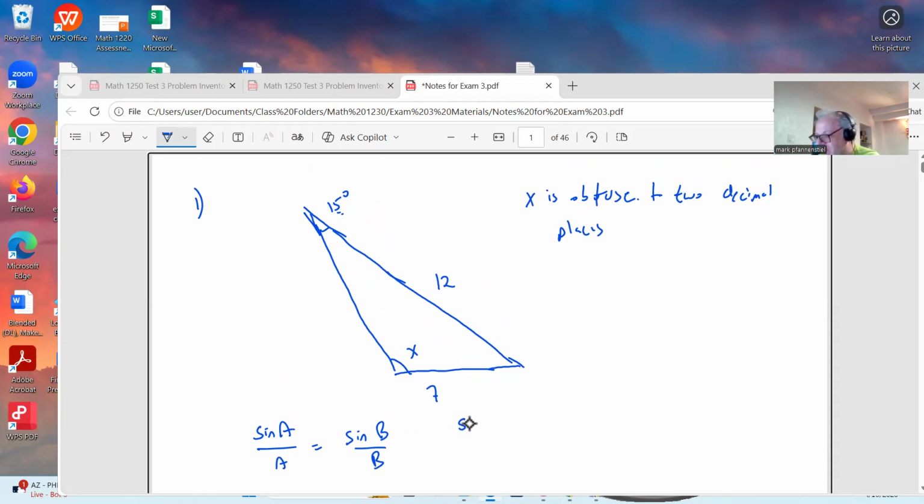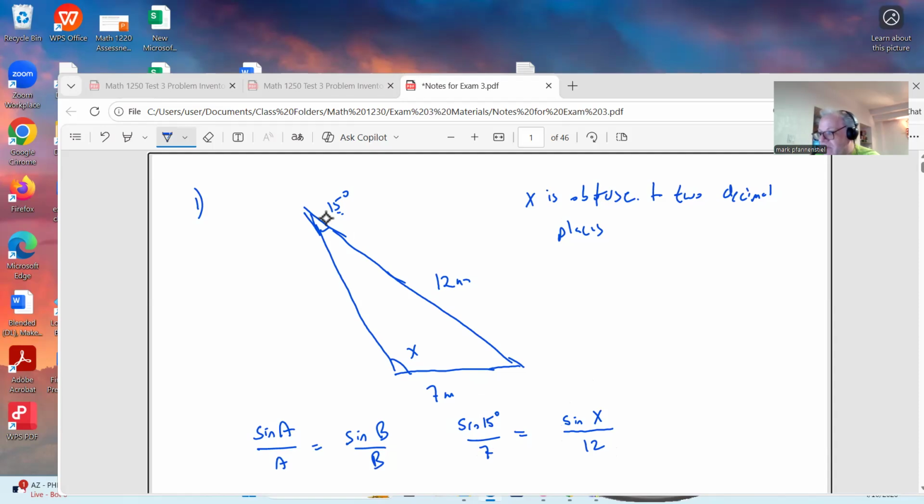So we say the sine of 15 degrees is to 7 meters, is equal to the sine of x divided by 12. Notice we have angle over side, angle over side.